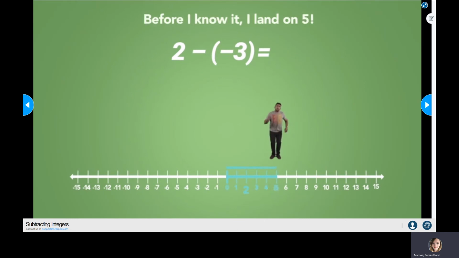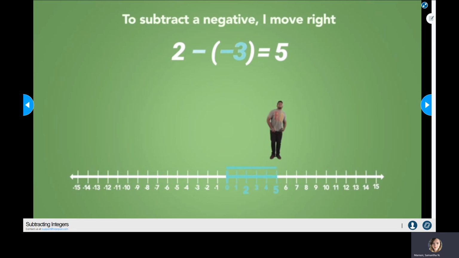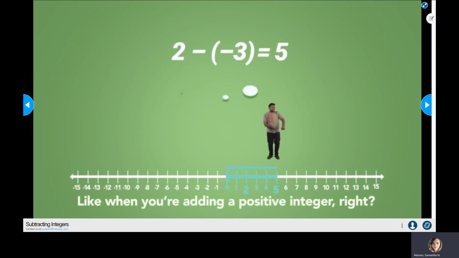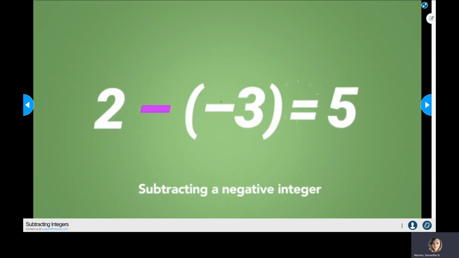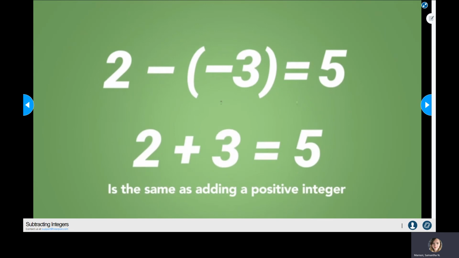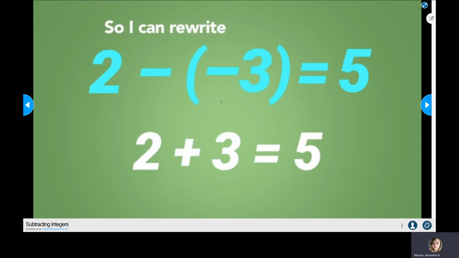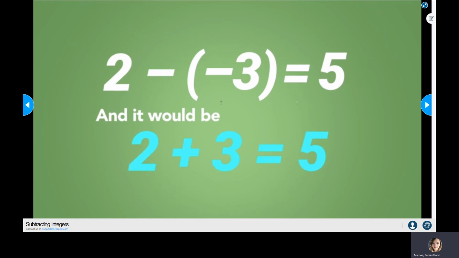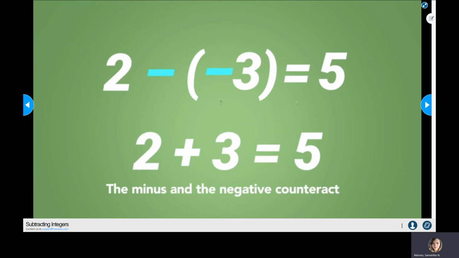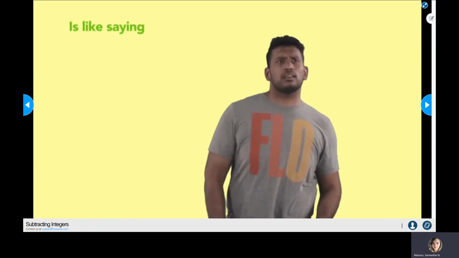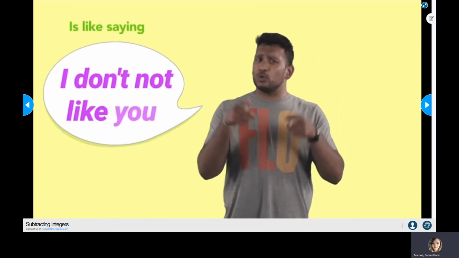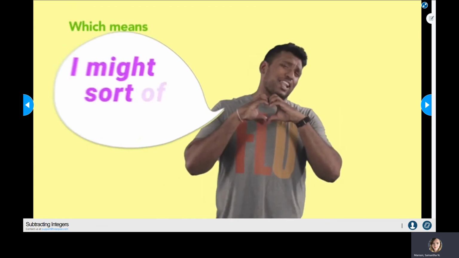Before I know it, I land on 5. To subtract the negative, I move right, like when you're adding a positive integer. Subtracting a negative integer is the same as adding a positive integer, so I can rewrite 2 minus -3 as 2 plus 3. The minus and the negative counteract, so it's the same as adding a positive, and that is like saying I don't not like you, which means I might sort of like you.